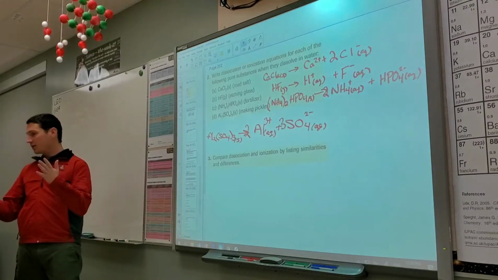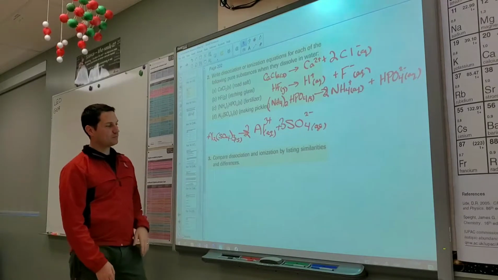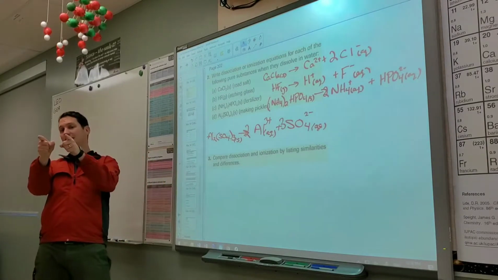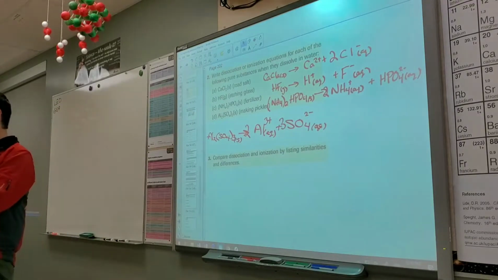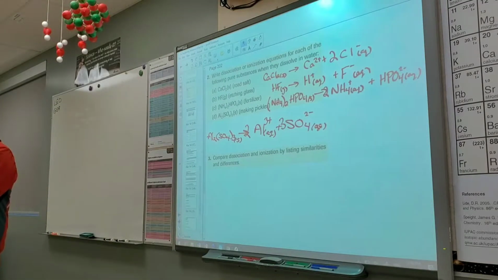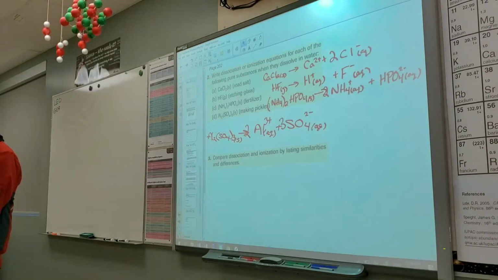Okay, I want to start talking about something called major entities in solution, and I want to be super clear about this. This is something that half of my Chemistry 30 students still struggle with. They never bothered to learn it, even despite their Chemistry 20 teacher saying this is super important. It's not really going to affect you this year. I'm going to be totally honest with you.